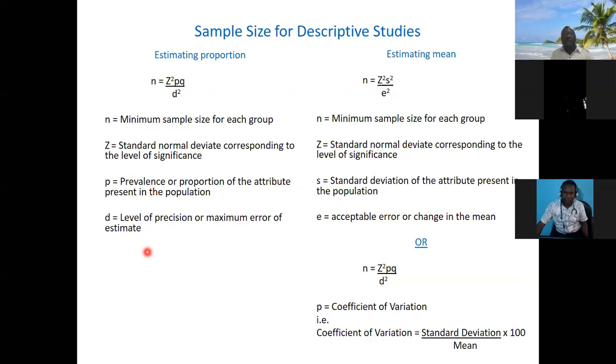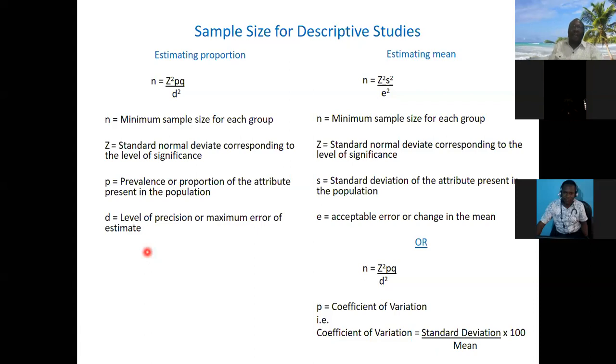In fact, the best name for you to understand what it does is maximum error of estimate. Yes, it measures precision. How does it measure precision? Because you are estimating a population parameter, you don't want to deviate from it. You don't want what you get in your sample to deviate by more than a certain percent. People usually choose something like 5%, which is 0.05.